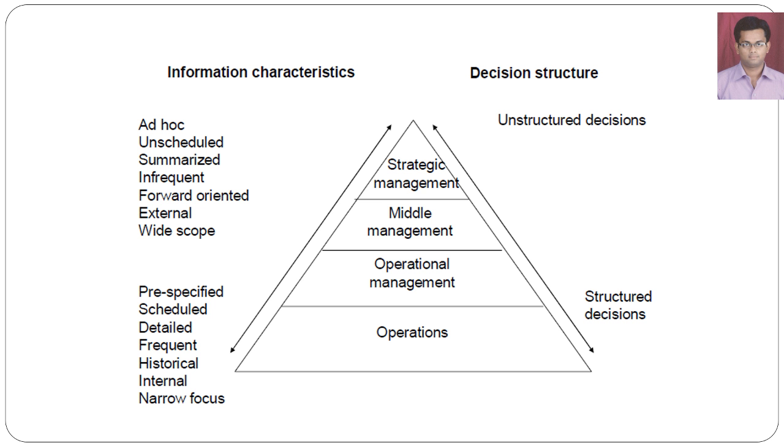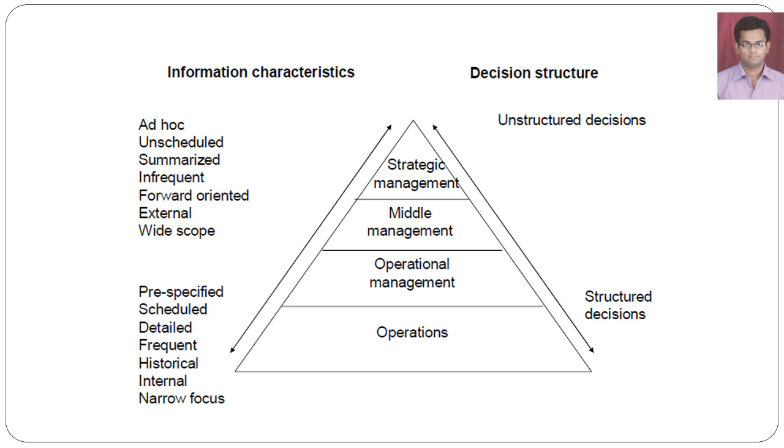Now, please concentrate on this particular diagram. The triangle is being shown over here, and this triangle encompasses 4 different sorts of activities. If we consider from bottom to top, then we will look at different compartments, and they start from operations, then operational management, middle level management, and strategic management at the top.